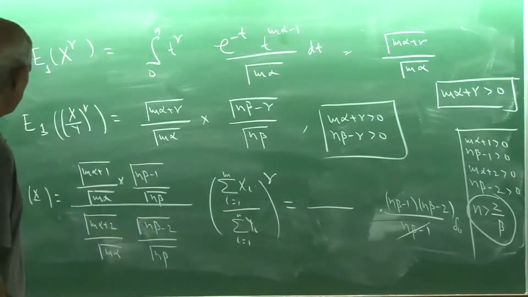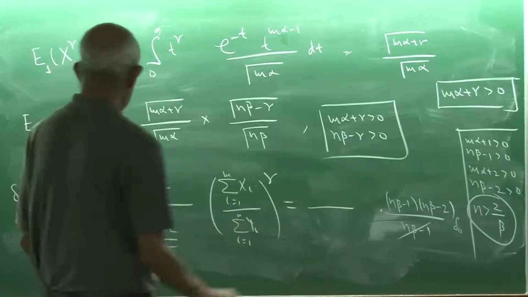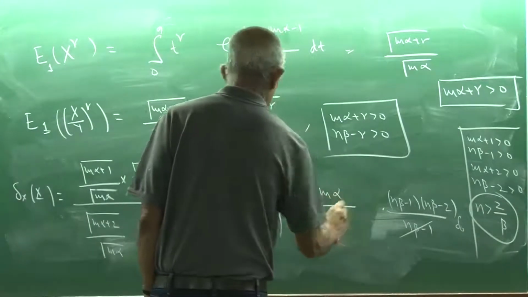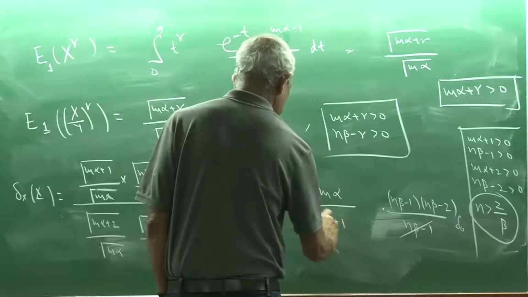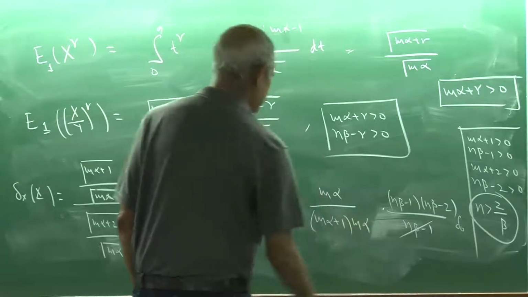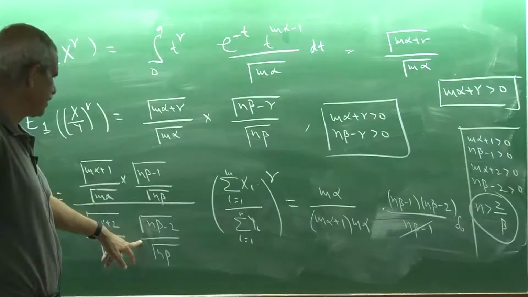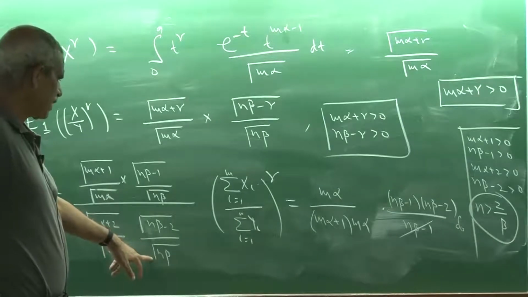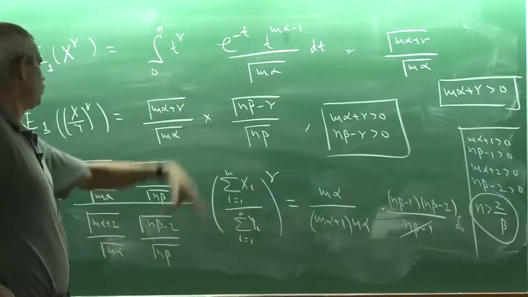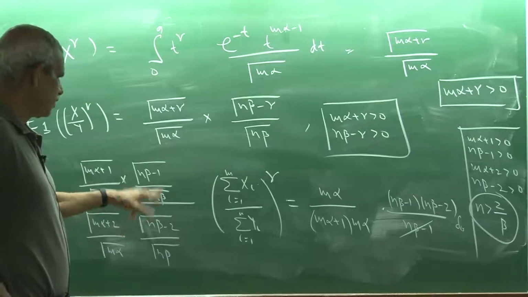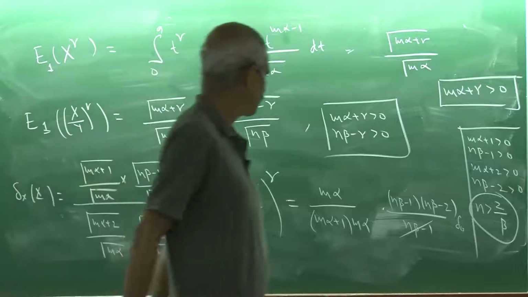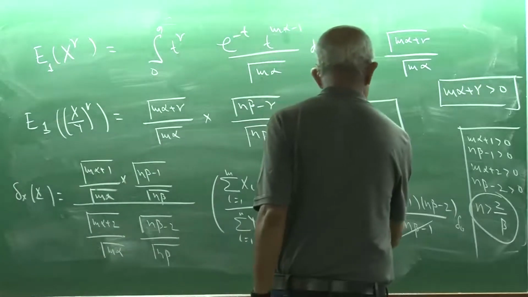This becomes m alpha, right? The denominator becomes m alpha plus 1 into m alpha, right? And then in the denominator, it becomes n beta minus 1 into n beta minus 2, that goes over there, and then this becomes n beta minus 1. So this is okay. So m alpha gets cancelled.